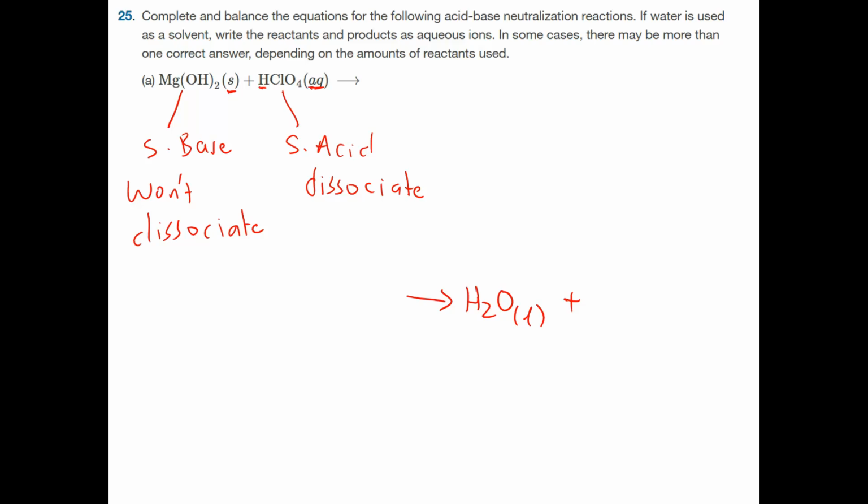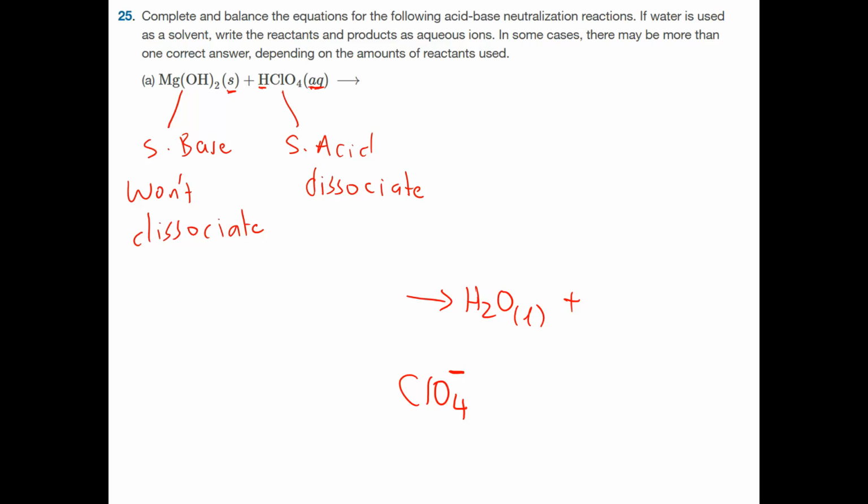What I always like to remember is the anion comes from the acid. So if I take one H+ away from HClO4, take away a 1+, that must mean that that anion has a single negative charge.